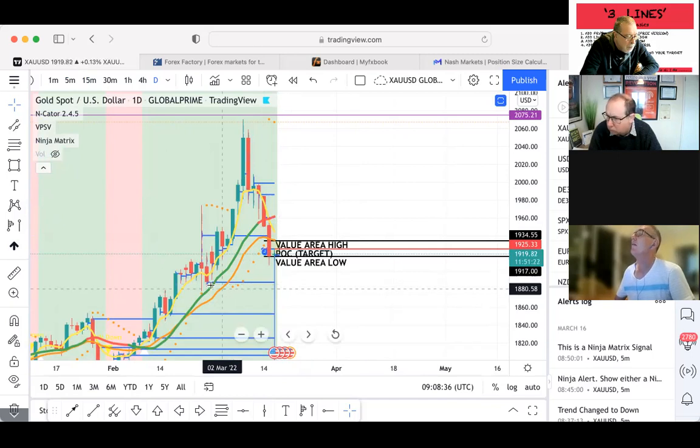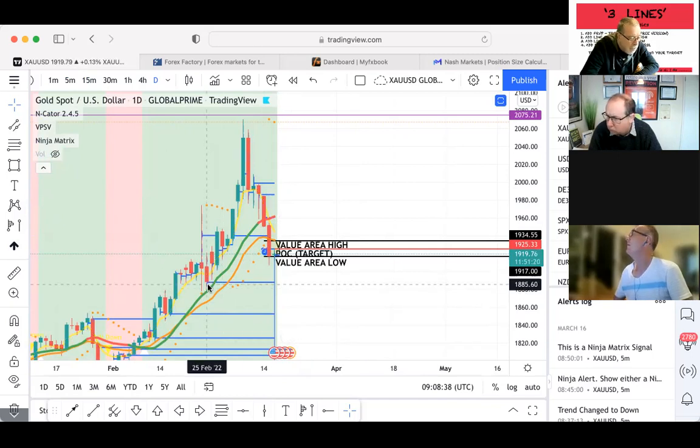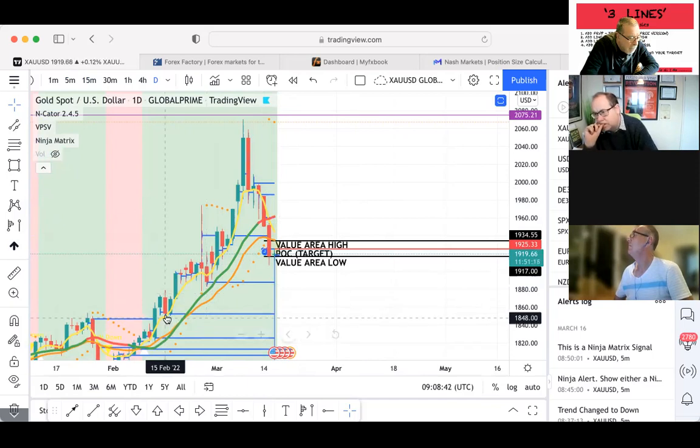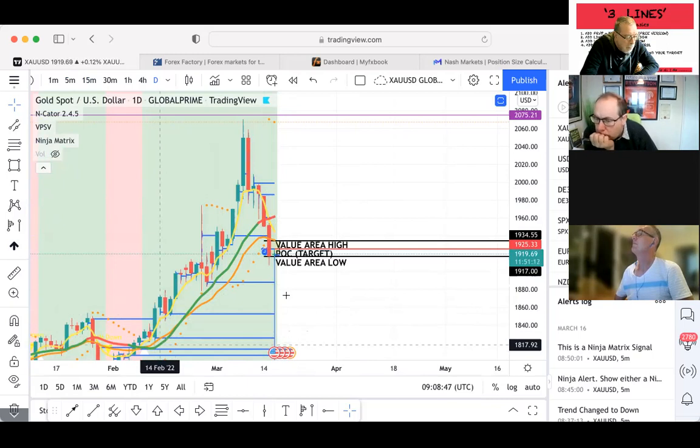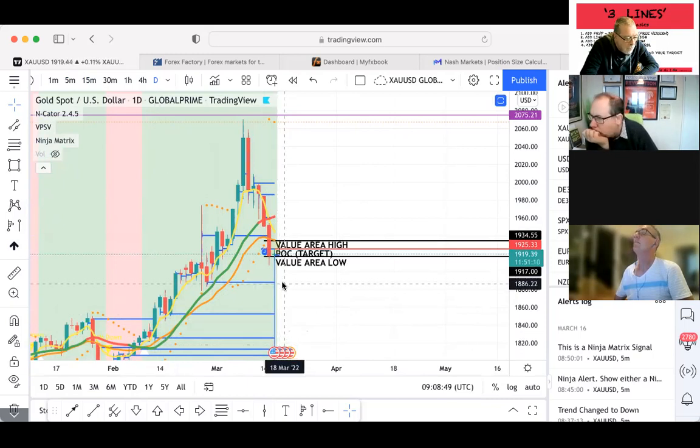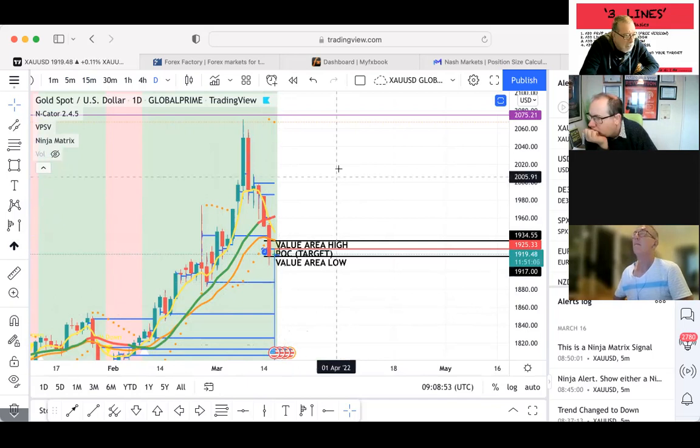There's an outstanding point of control from the 25th of February. There's one from a few days earlier, the 15th of February, then there's 2 or 3 others. But the main one to look for is the first one. So we've now got potential targets if price goes up, and potential targets if price goes down.